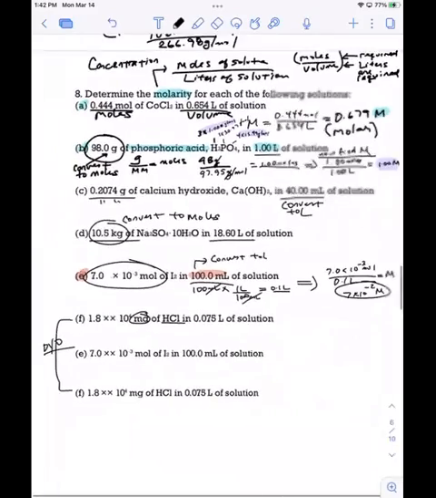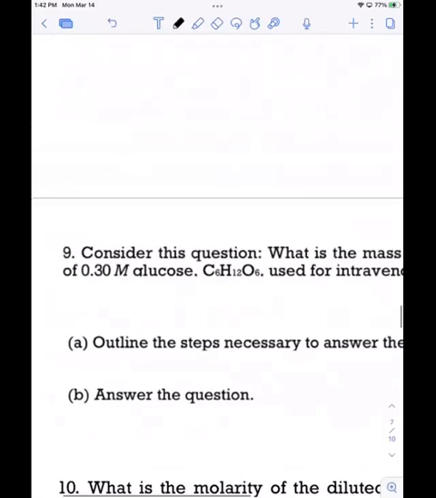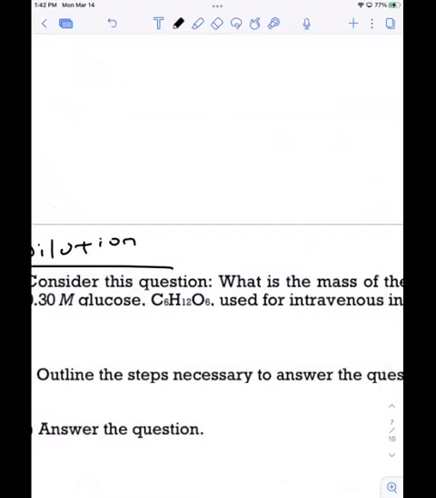All right, let's get into another concept with molarity, and that is dilution. A good way to think about this is you are taking a solution and diluting it, or making it less concentrated by increasing the volume. Or taking that solution, let's say you start out with 10 mL and you add water or whatever your solvent is to get it to a different volume and decrease the concentration of the solute.